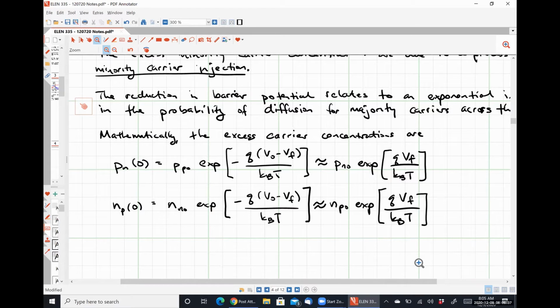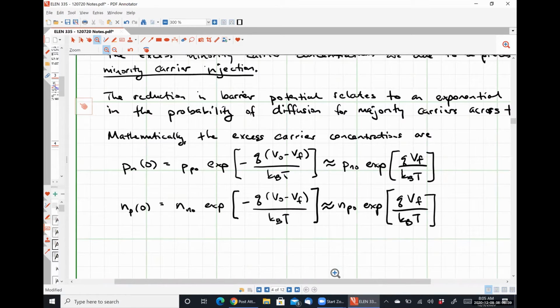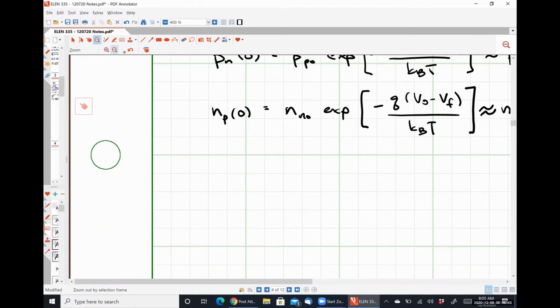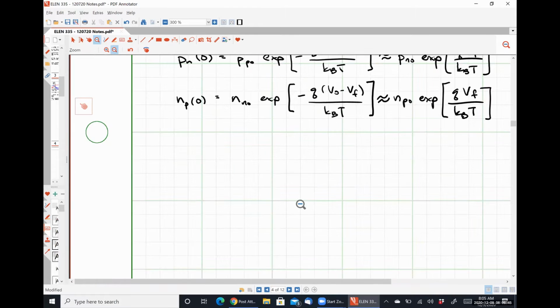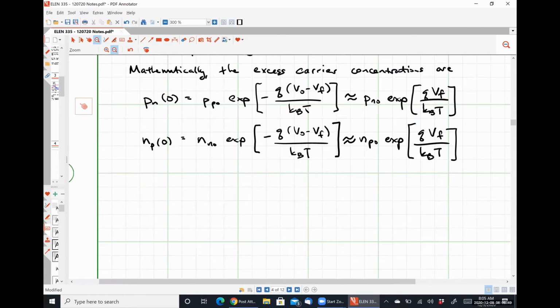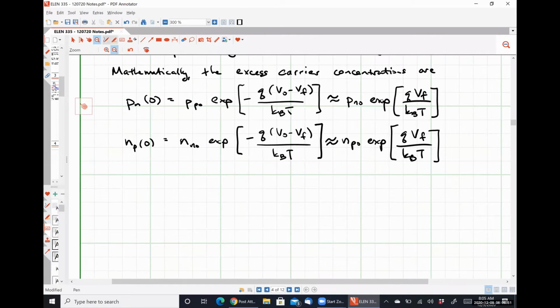So for long junctions, now we're going to talk about carrier diffusion.